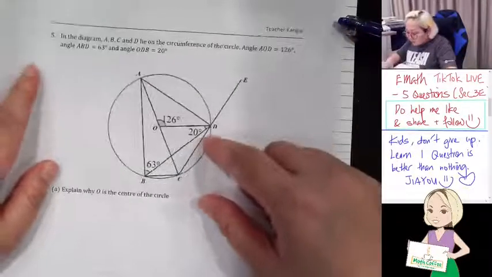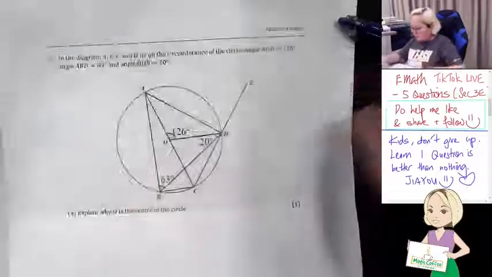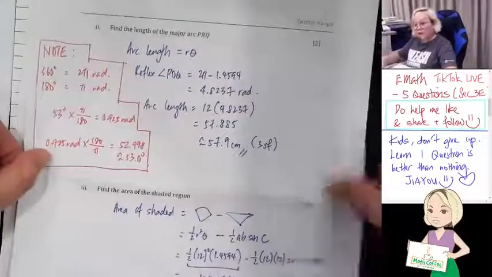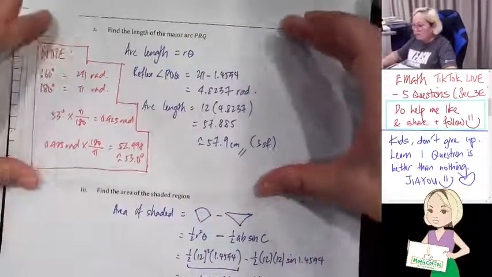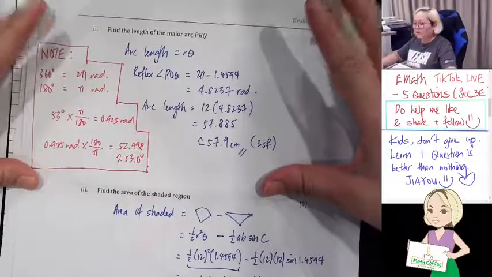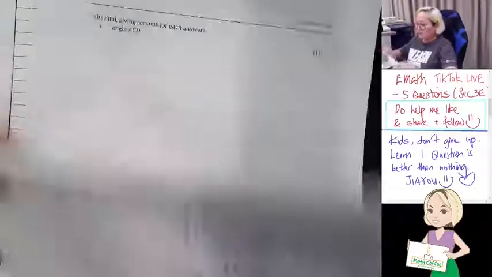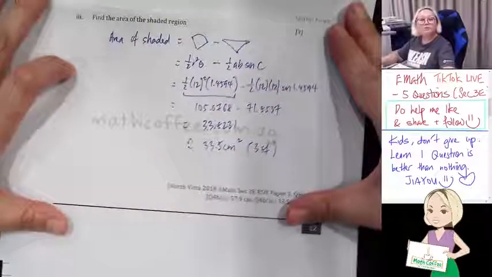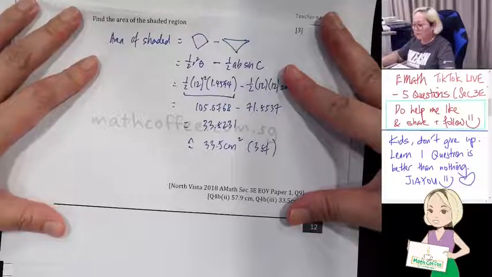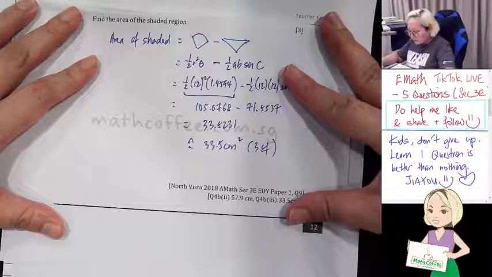Can you turn back the two last one? Wait, okay, the two last one. Here. Okay, the top part. Find the length of the major arc. On the screenshot also can, and you can always go to my Telegram channel and download the solution tomorrow. Okay, and then the area of the shaded region. Can? All good? No, the one that you just take out.